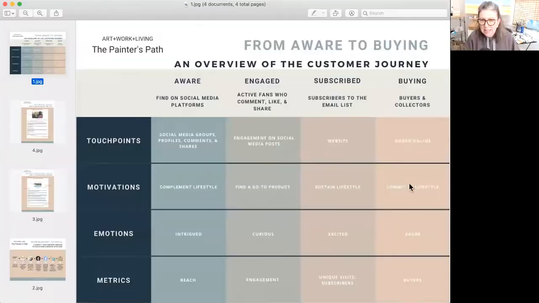So let's dive in and then talk about how we can execute that customer journey in order to attract those ideal collectors. So let me share my screen here for a moment and we'll get started with that.